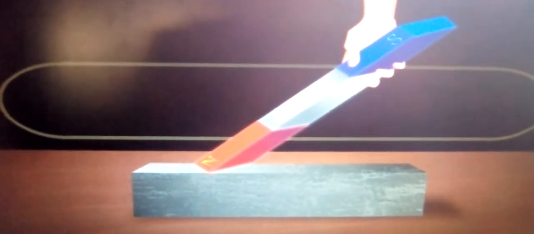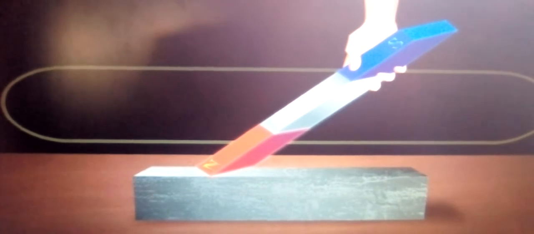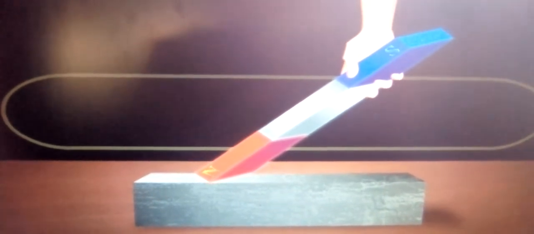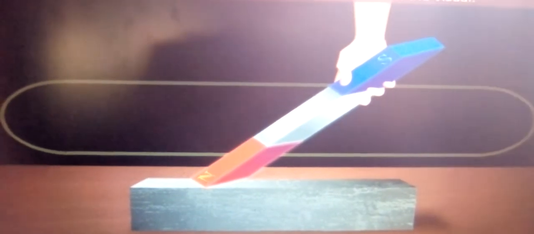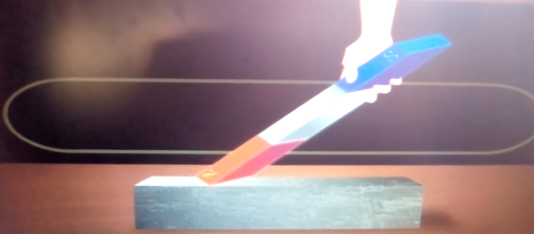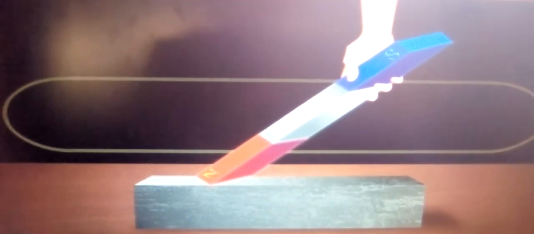We are going to look at how we magnetize a magnet. What we do, we put a metal bar flat on the surface. Then we pick our magnet and start stroking. This is called the single stroke method. You pull it over.